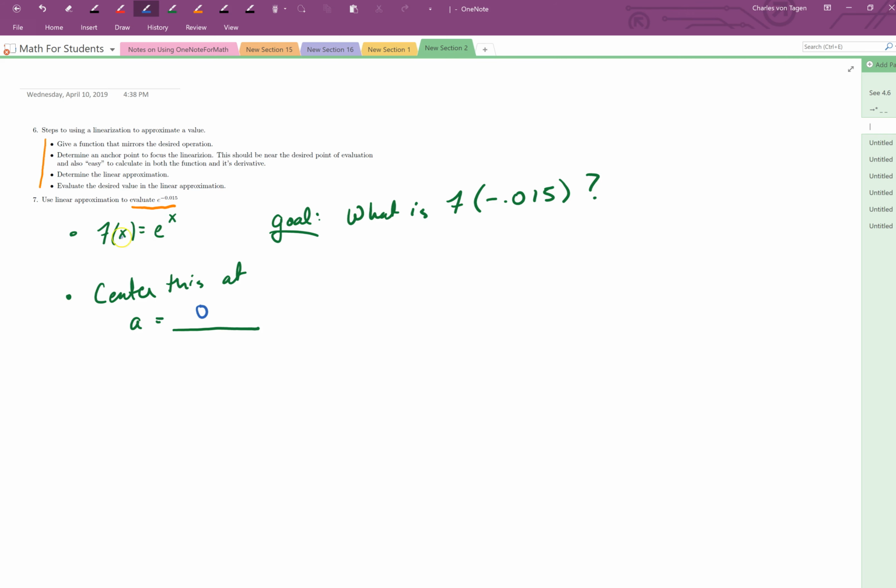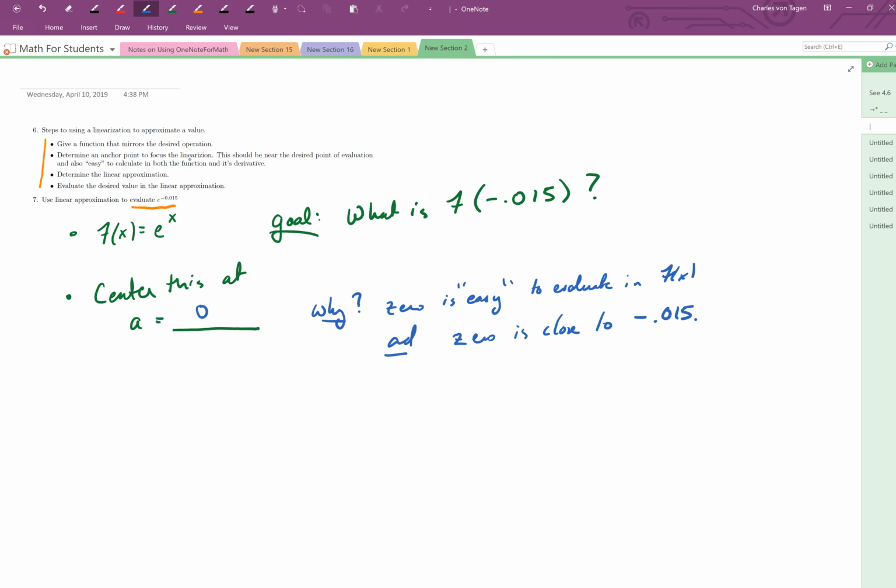That is, f of 0 is easy to evaluate in the function f of x. And 0 is close to negative 0.015.